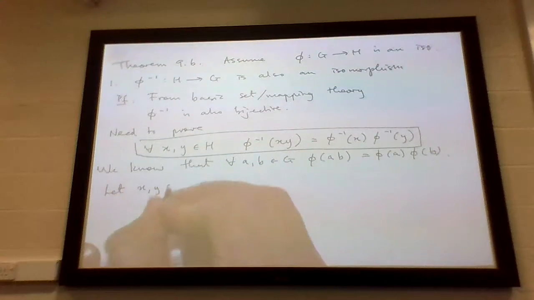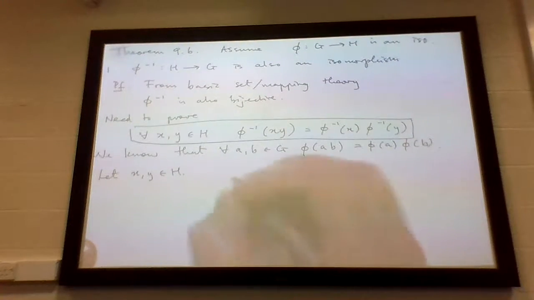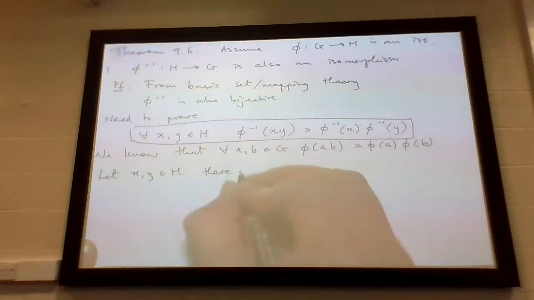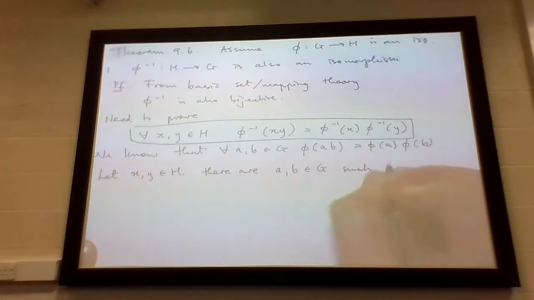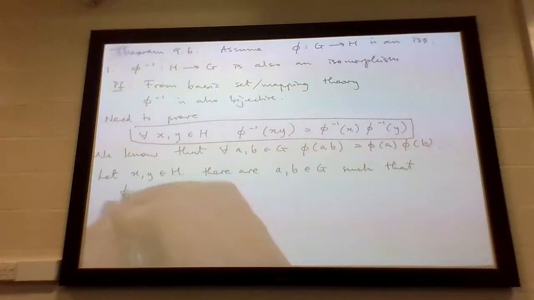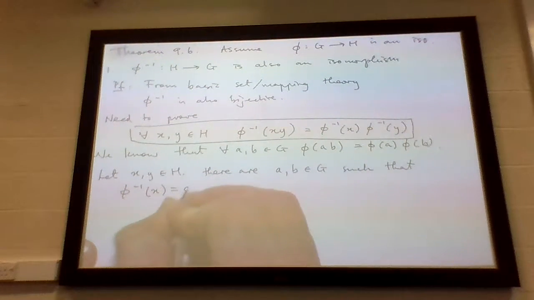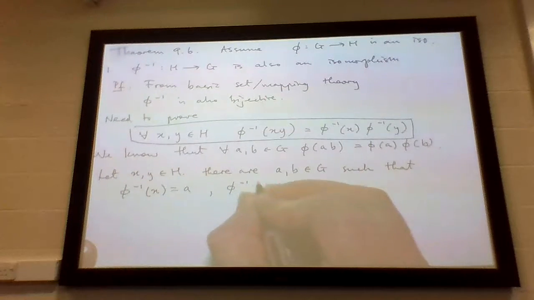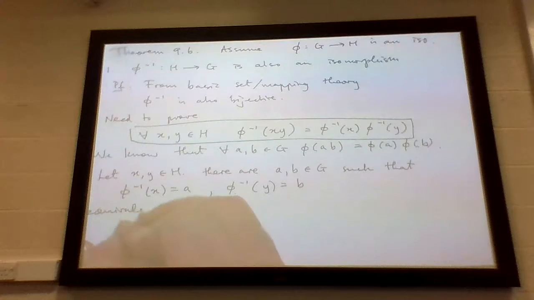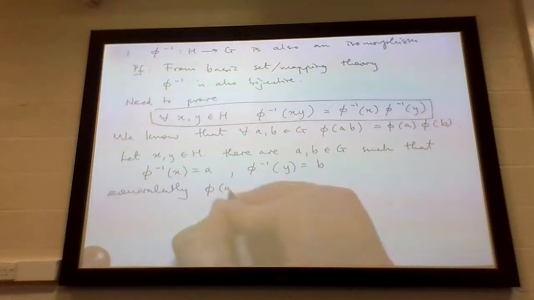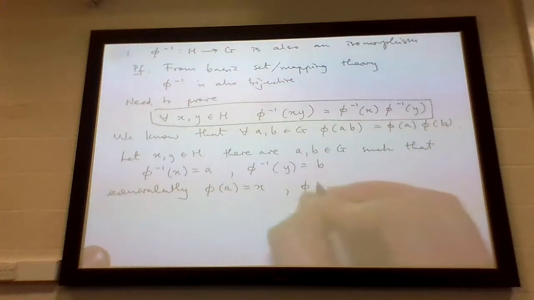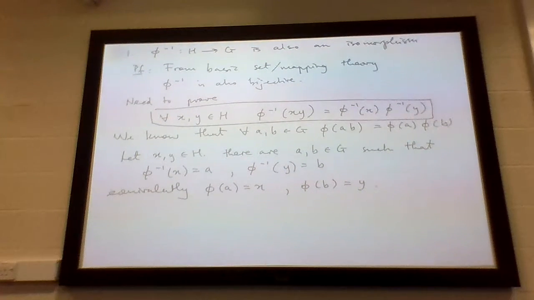So we let X and Y be elements of H. There are elements A and B in G such that, on the one hand, phi inverse of X is A, phi inverse of Y is B, or equivalently, I'm not quite sure which way we're going to use them, maybe we have to use them both ways, phi of A equals X, phi of B equals Y. Yeah? Agreed?